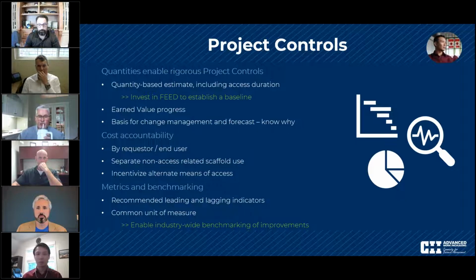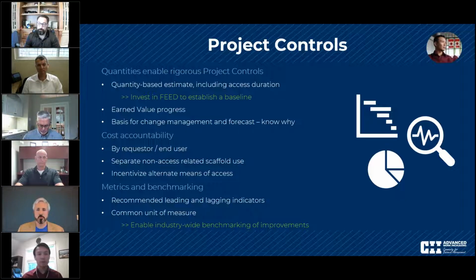It might make sense to use drones or a scissor lift or some other equipment. So it's not always cheaper to do that, but there are cases where it is, and having a cost structure that incentivizes at least considering those alternate means of access, we think, will lead to better scaffold costs.